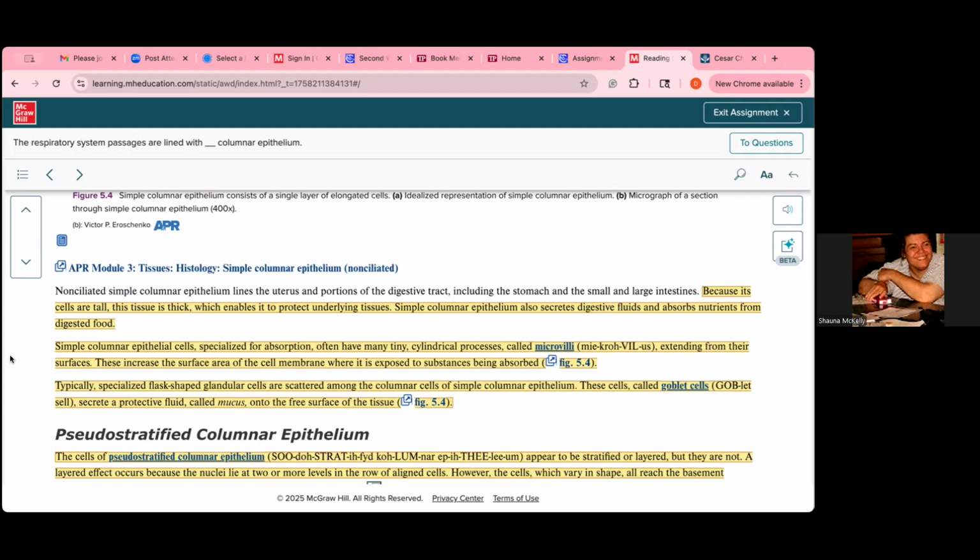Simple columnar epithelium lines portions of the uterus.